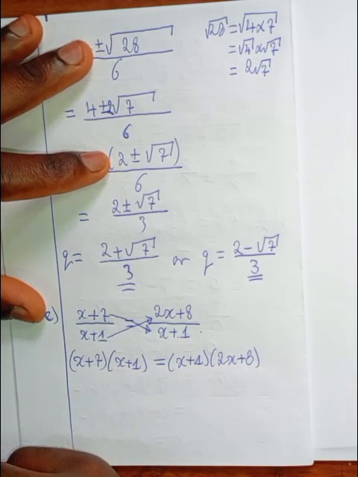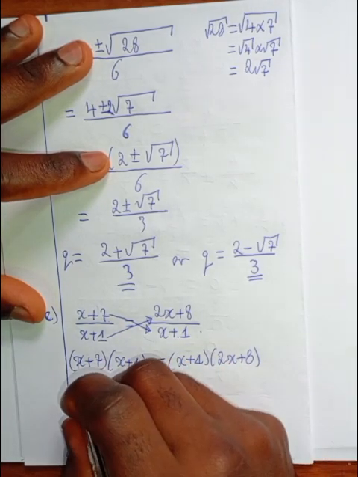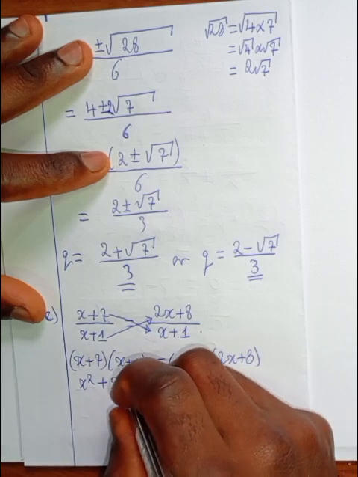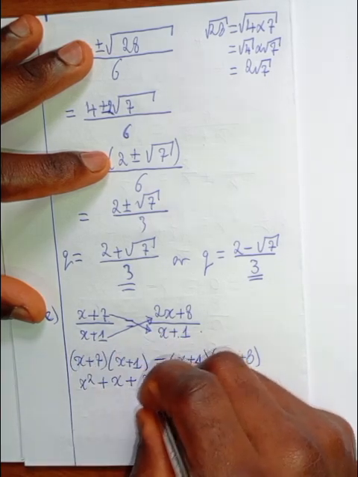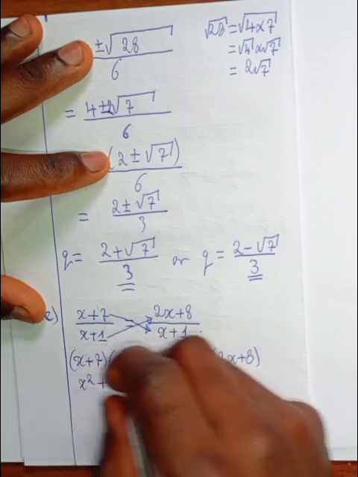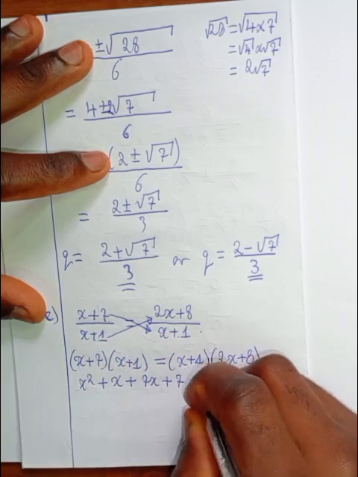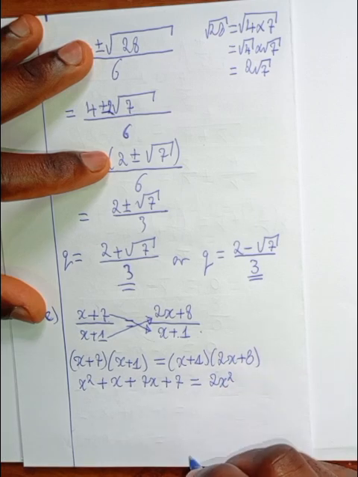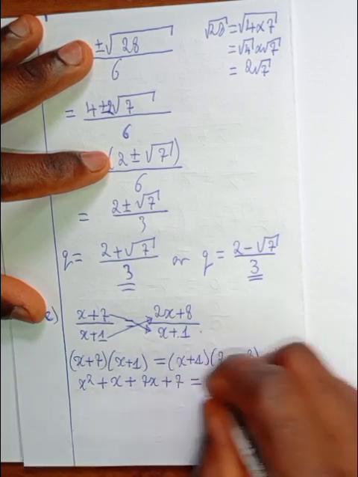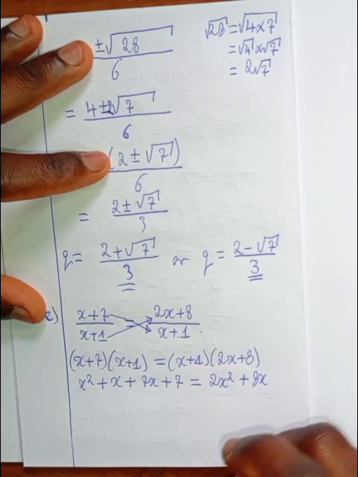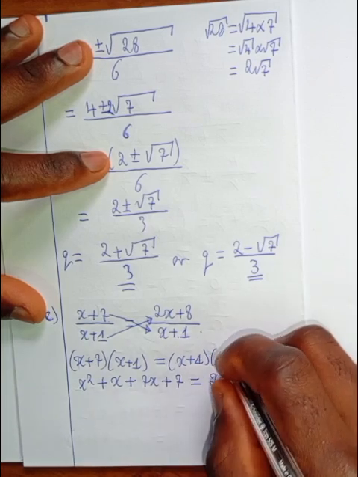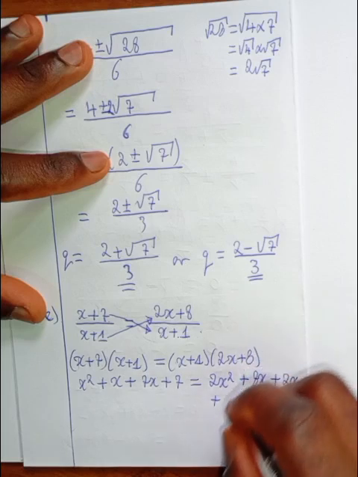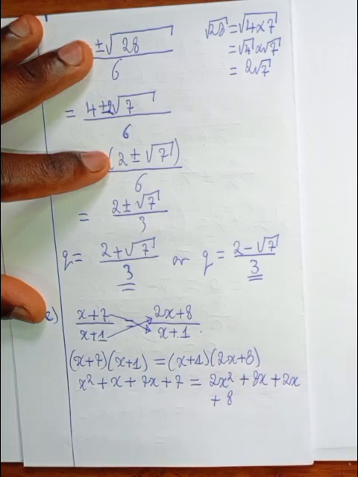Next thing, we have to expand the brackets. x times x gives us x squared, plus x times 1 gives us x, plus 7 times x gives us 7x, plus 7 times 1 gives 7, is equal to x times 2x gives us 2x squared, plus x times 8 gives us 8x, plus 1 times 2x gives us 2x, plus 1 times 8 gives us 8.